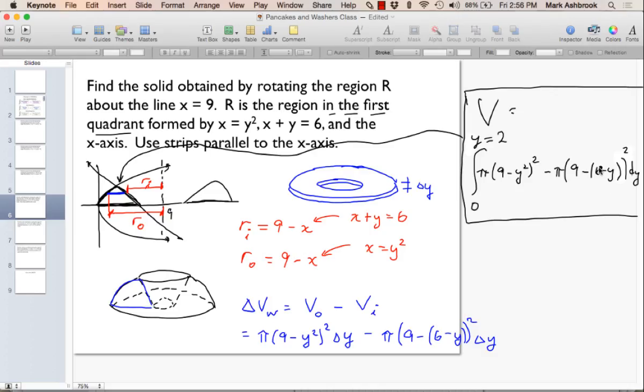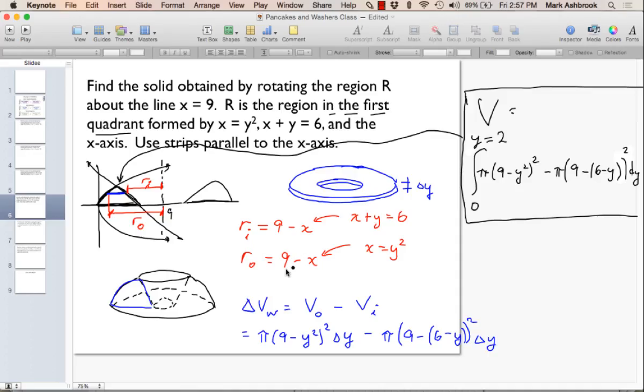Okay, any questions? Wait, is it 1/3? Which one? I don't think there's a 1/3 anywhere. I need x equals 6 minus y.